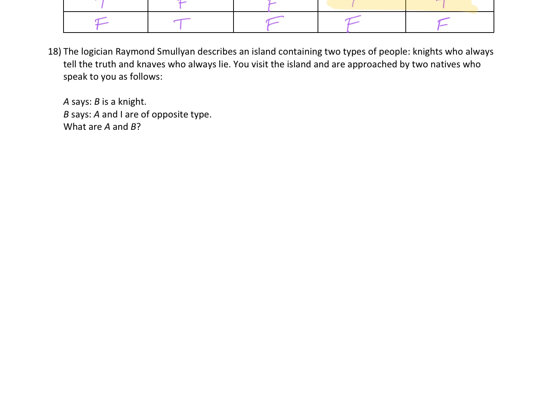Okay, so we're going to use a proof by contradiction. We're going to start with a supposition. Suppose A is a knight. Therefore, what A says is true. Because A is a knight, what A says is true.